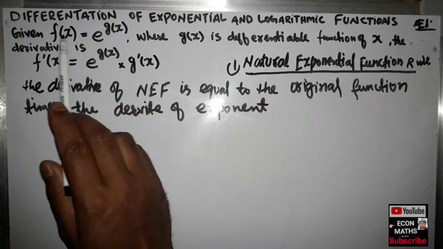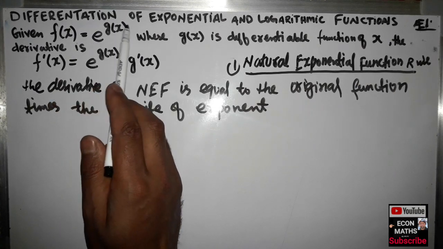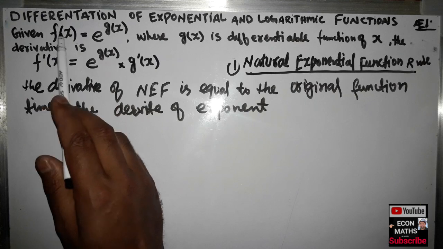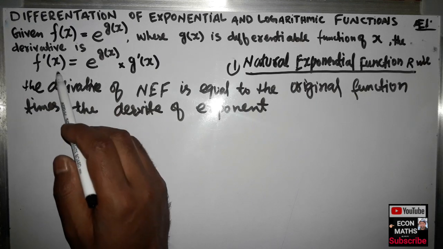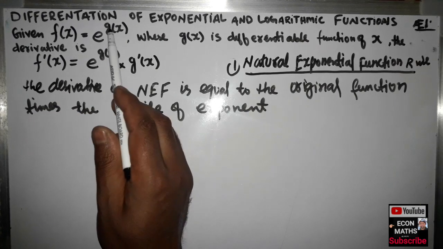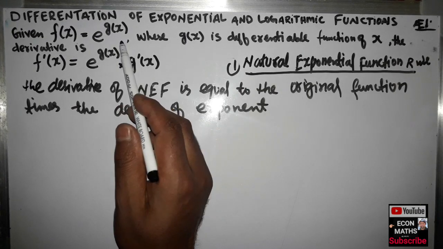That is, f of x is equal to e to the power g of x is our original function. Now its derivative is equal to f dash x, which is equal to the original function, that is this, times the derivative of this exponent.